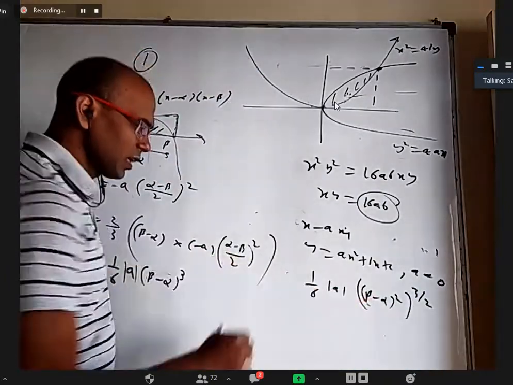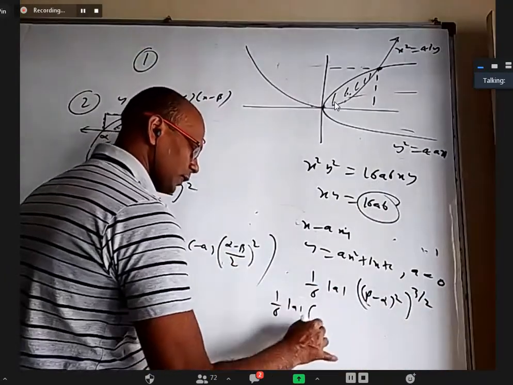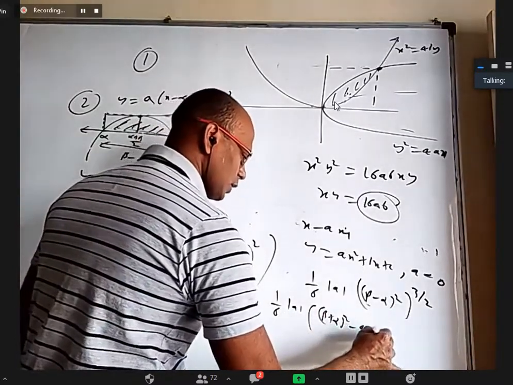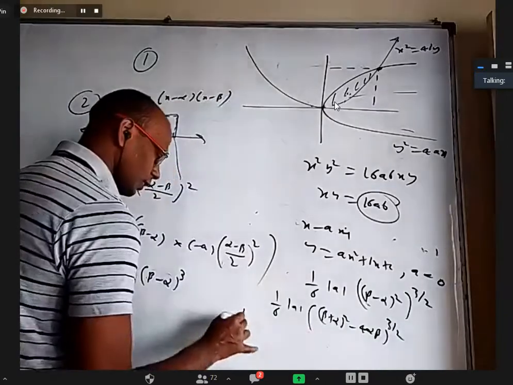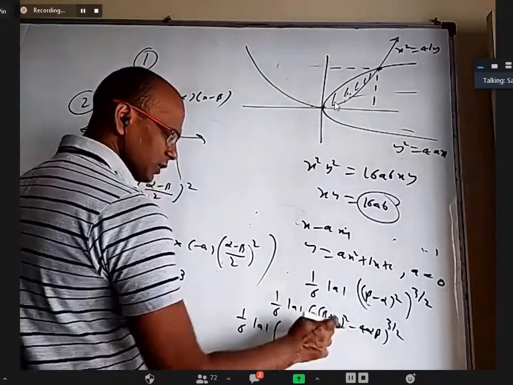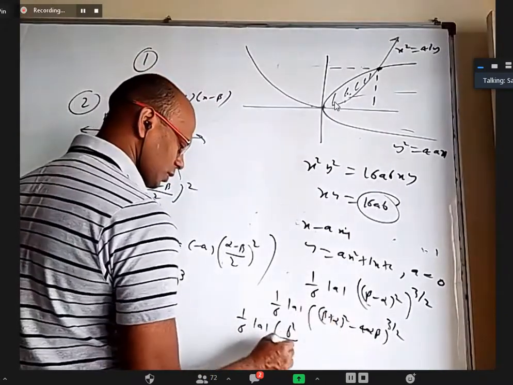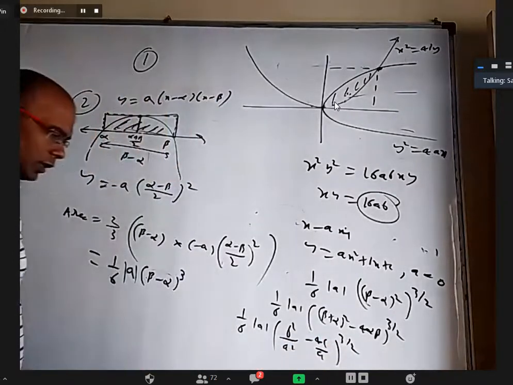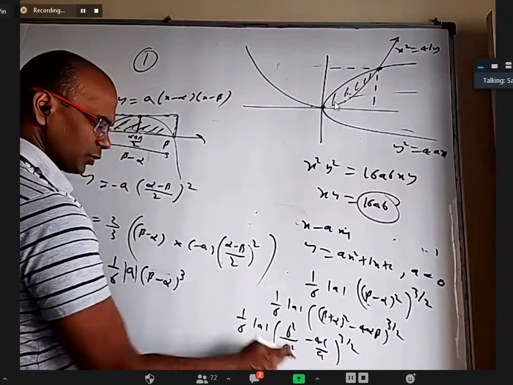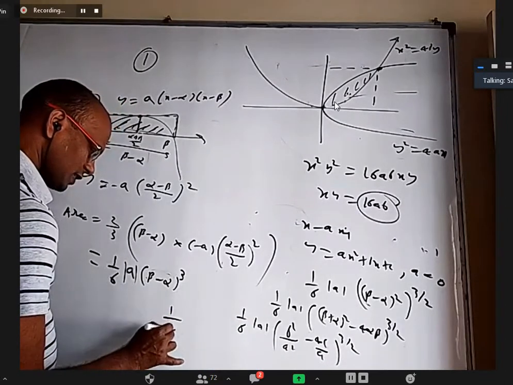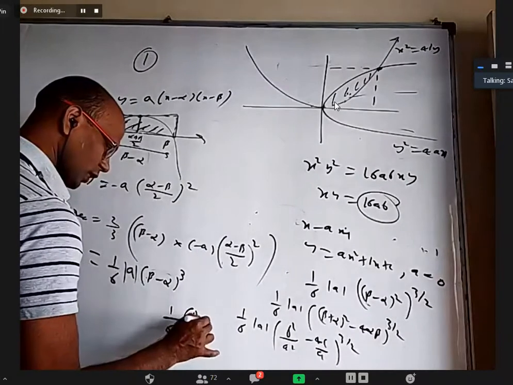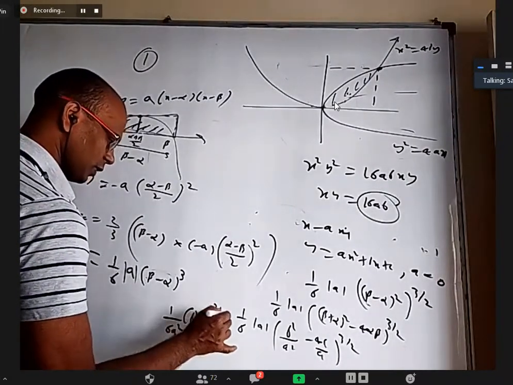And beta minus alpha whole square, you can write as beta plus alpha whole square minus 4 alpha beta, whole power 3/2. 1/6 mod a. This is minus b by a, so which is b square by a square. This is minus 4c by a, whole power 3/2. When I simplify, it will become a cube, so 1/6a square, because this a will cancel, b square minus 4ac whole power 3/2.